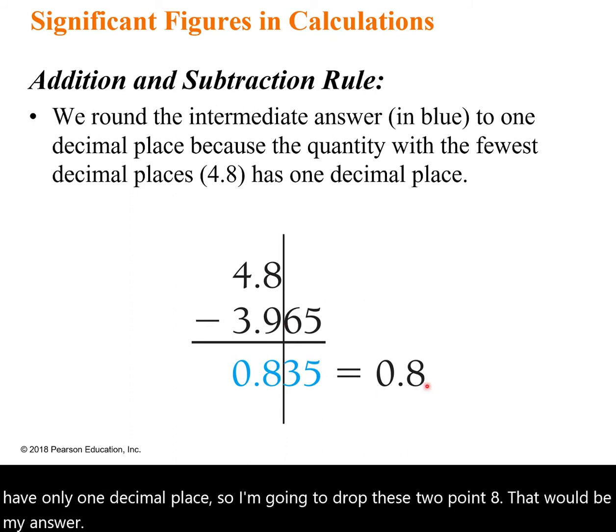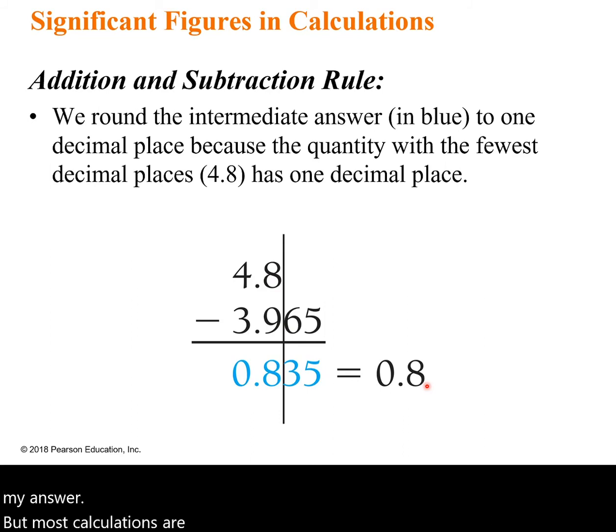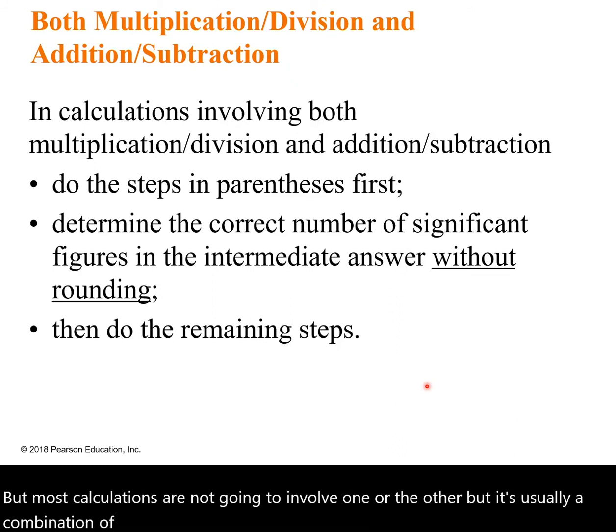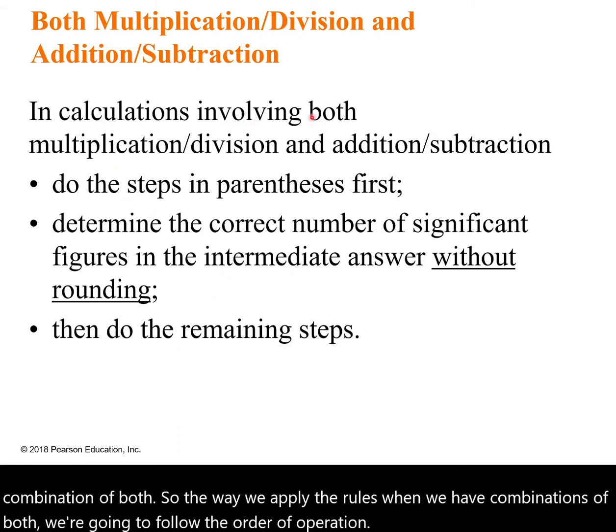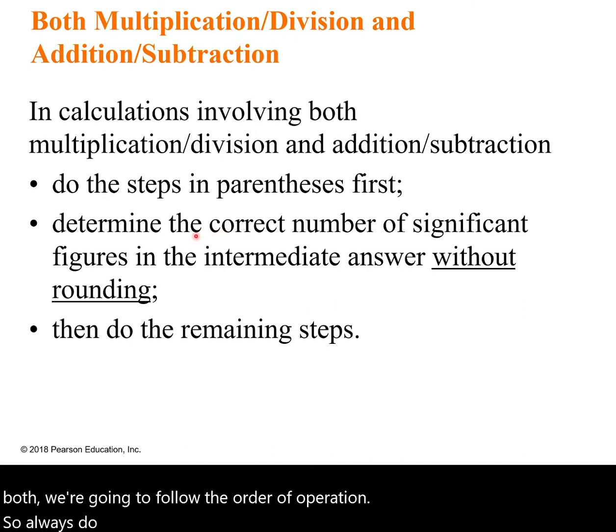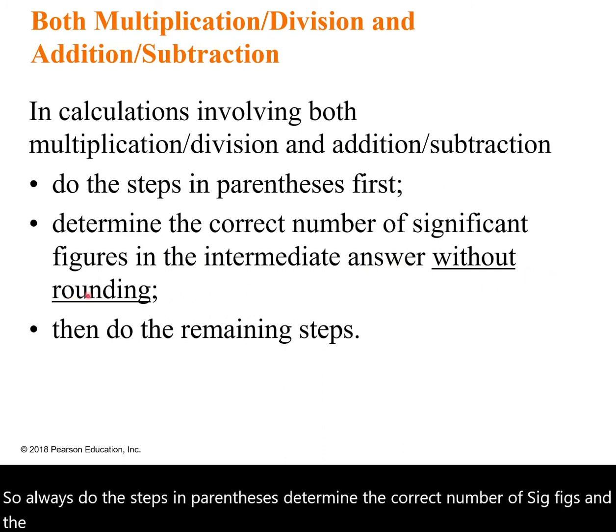But most calculations are not going to involve one or the other, but usually a combination of both. So the way we apply the rules when we have combinations of both, we're going to follow the order of operation. So always do the steps in parentheses, determine the correct number of sig figs in the intermediate answer without rounding. I cannot emphasize that enough.